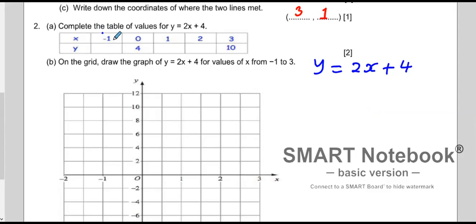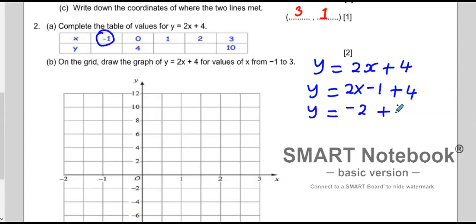So let us start with x equals negative 1. Y will be equal to 2 times negative 1 plus 4. This is negative 2 plus 4, which is the same as 4 minus 2, and this gives you 2. So you write the answer 2.